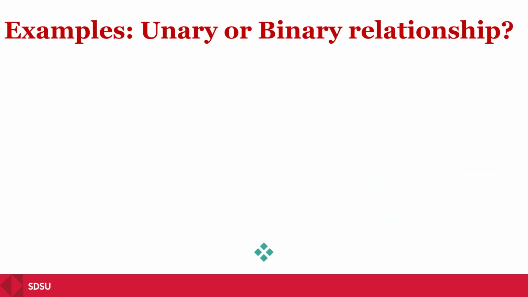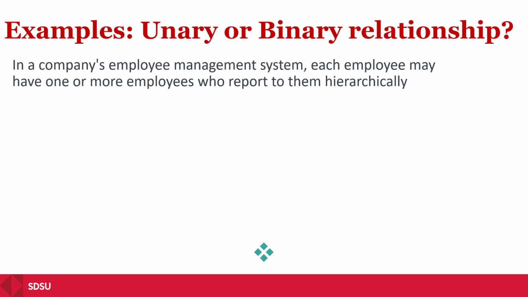All right. So let's look at the examples and identify whether it's a unary relationship or a binary relationship. In a company's employee management system, each employee may have one or more employees who report to them hierarchically. So what kind of relationship is that?